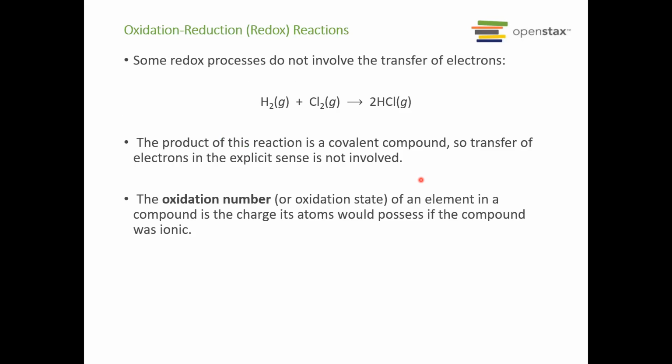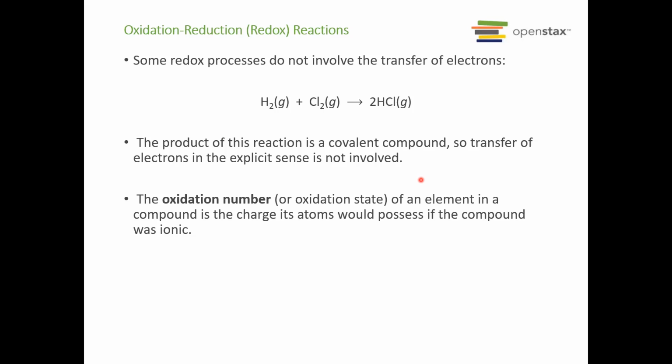And with the ionic substances, like I said, the oxidation number or oxidation state, synonymous terms, with ionic substances, those represent the charge exactly. With covalent substances, we don't actually have charges because they're sharing the electrons. So what we think of the oxidation number for covalent substances as is what would the charge be on those elements if they were to be ionic.